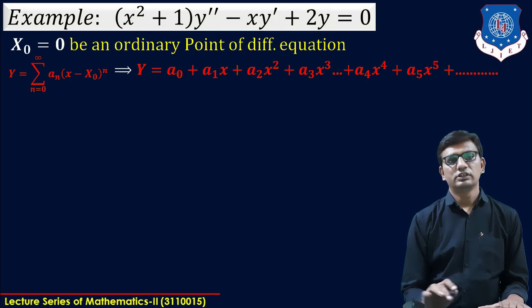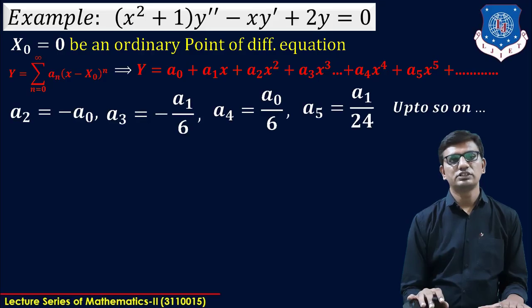Now we put these coefficients in our series. Here our series is y equals a0 plus a1x plus a2x² plus a3x³ and so on. Our coefficients are a2 equal to minus a0, a3 equal to minus a1 by 6, a4 equal to a0 by 6, a5 equal to a1 by 24, and so on.